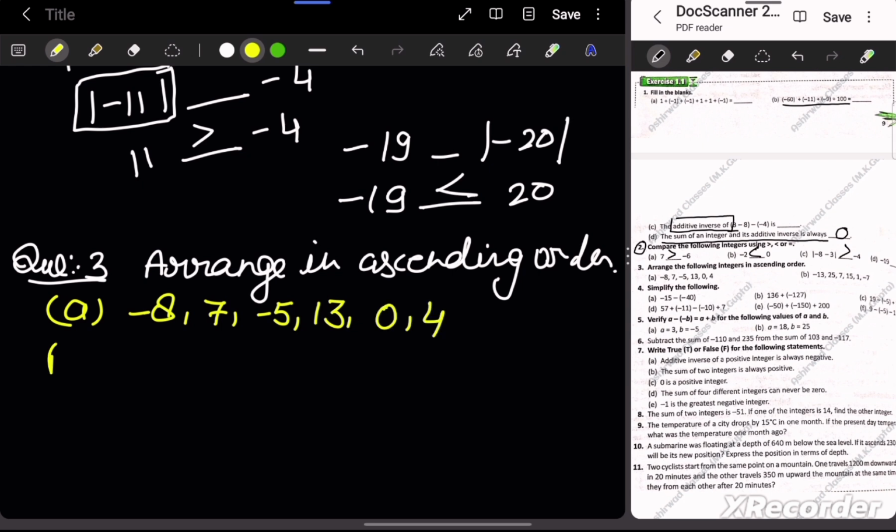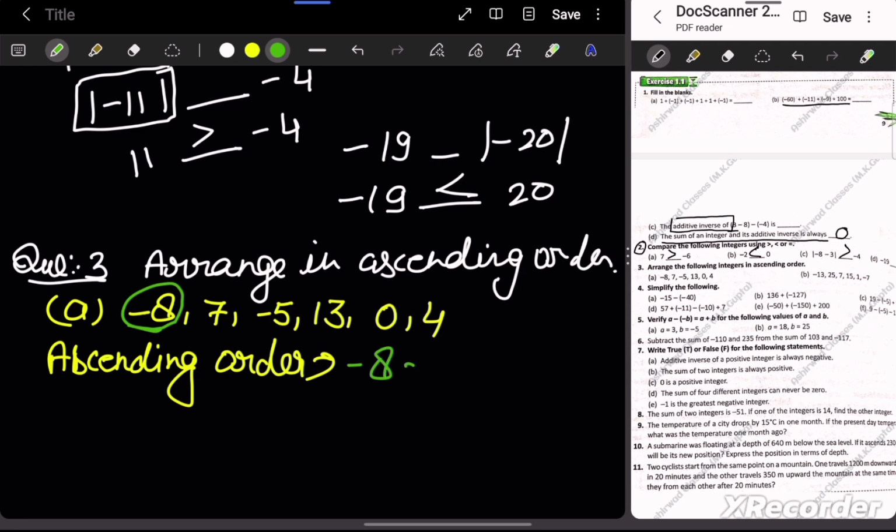In ascending order, first of all, what is the negative number? Here is -8. First number is -8. Next -5. Next 0. Next 4. Next 7. And last is 13.